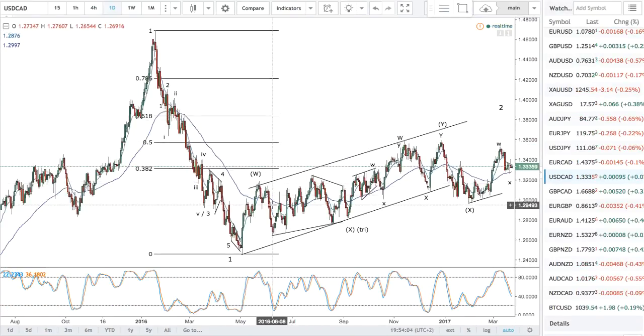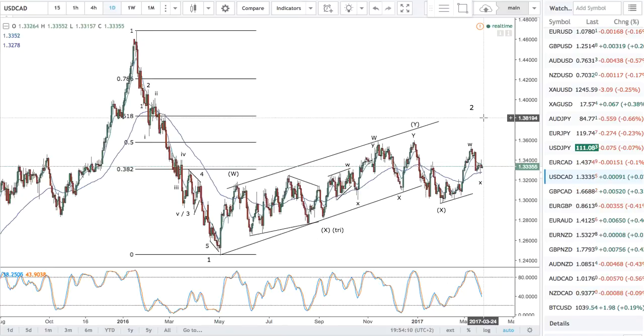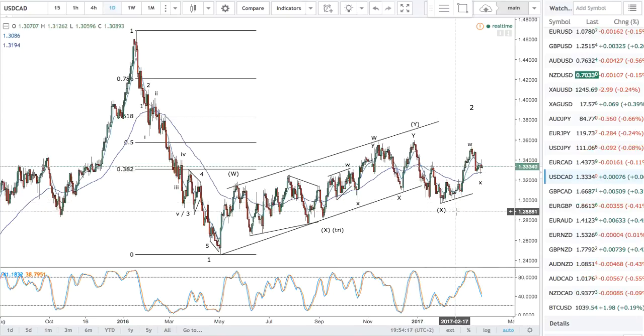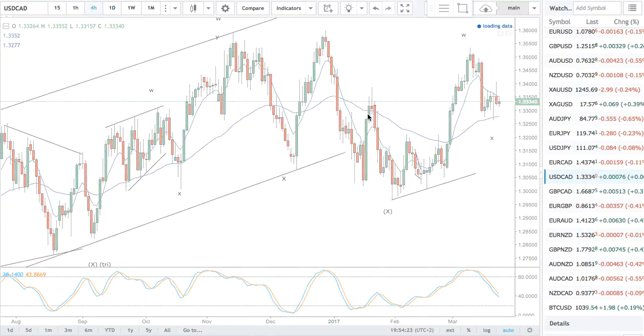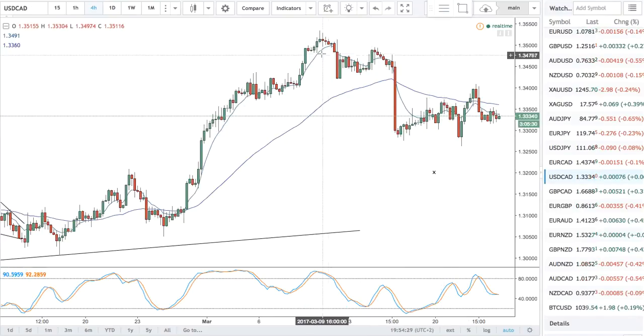Or is it still in a larger wave 2 for a very complex WXY, XZ pattern for maybe another move up, which I still prefer, given how this 1-2, 1-2 here was invalidated. So right now, as it's correcting, it's in the middle of nowhere, and all we have to work with is a possible 5-wave decline, which I don't like, but which can be used for the time being, barring invalidation.